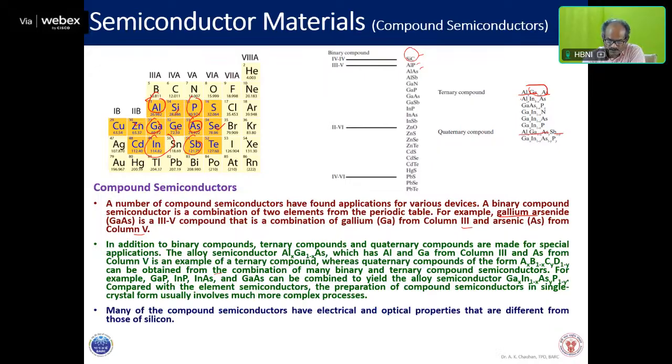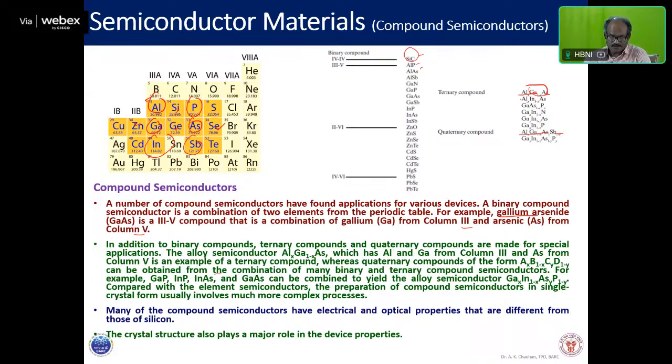Many of the compound semiconductors have electrical and optical properties that are different from those of silicon, and for those different electrical and optical properties we need to develop these ternary or quaternary compounds.